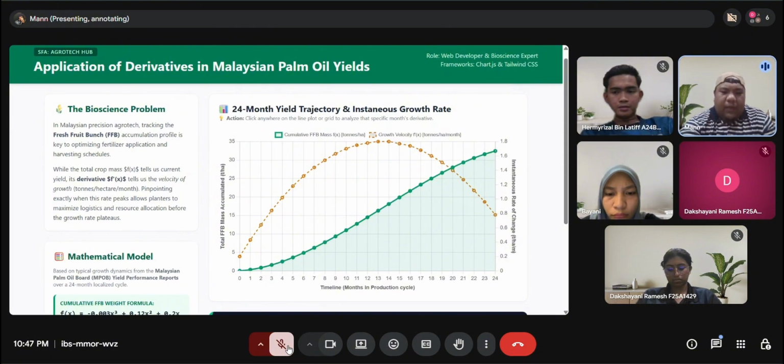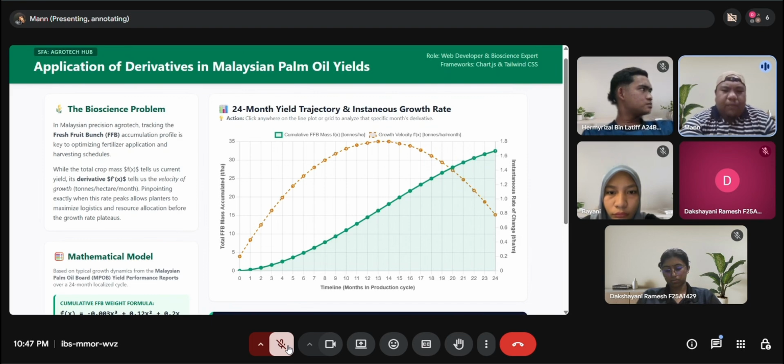The derivative formula is f'(x) equals negative 0.009 x to the power of 2 plus 0.24x plus 0.2. This formula is used to calculate how fast the yield changes every month. Using this derivative, we can identify the peak growth period of the oil palm crop.